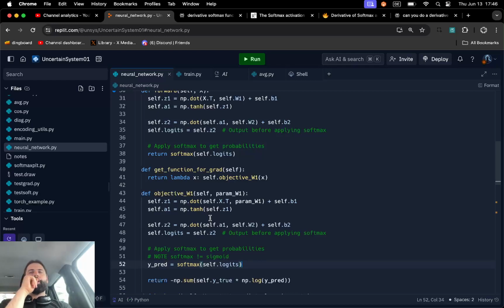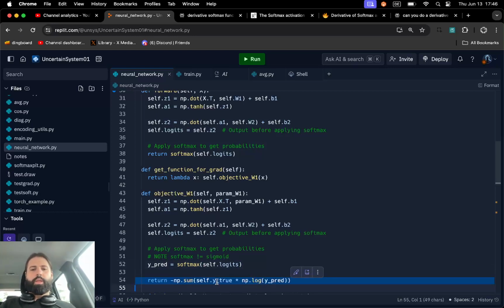What we have to look at is the loss function itself, right? The loss function is going to be a sum of the log of this stuff times y true.